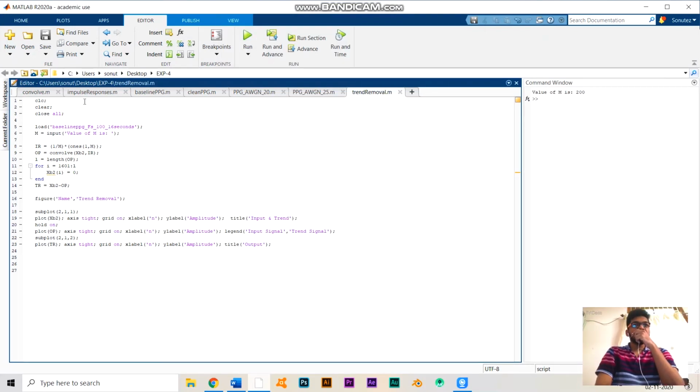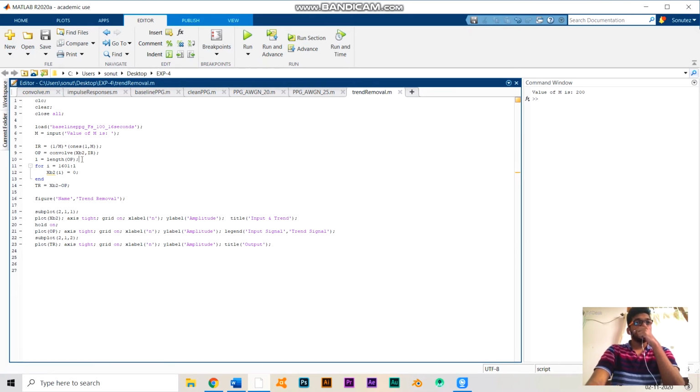As we have seen earlier, we have observed a trend in the baseline PPG signal. Now let us try to remove this trend from the signal. Let us load the baseline PPG signal, and we are asking for an input m, which is the value of m used in system 2. Now we are defining the impulse response of the system, and we are convolving the input signal, which is the baseline PPG signal, with the impulse response defined here.